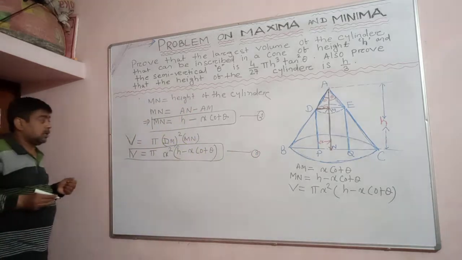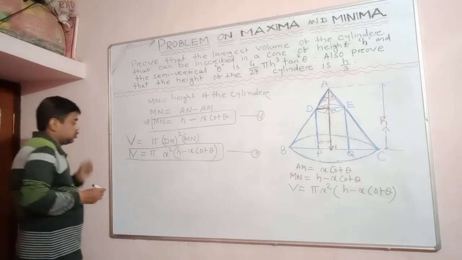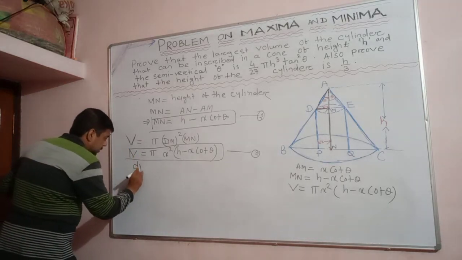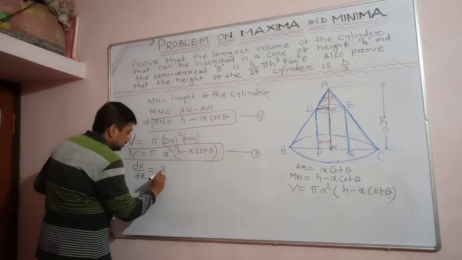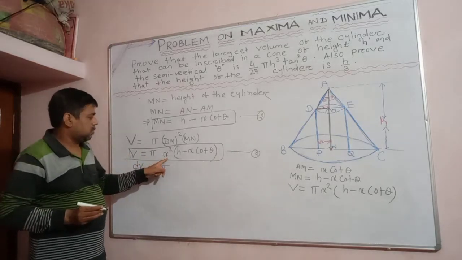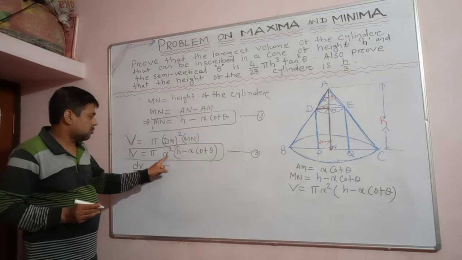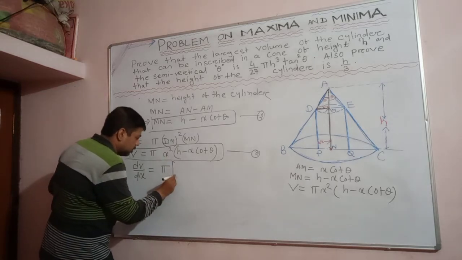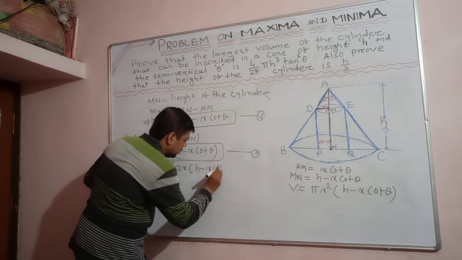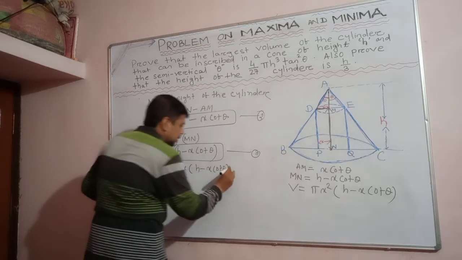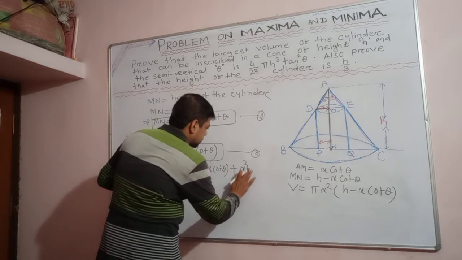Now let us find the first order derivative. Differentiate on both sides. dV with respect to x is equal to pi, now apply the uv formula, x square into h minus x cot theta. x square is the first function, so its derivative is 2x, into the second function h minus x cot theta, plus x square into the derivative of the second function.